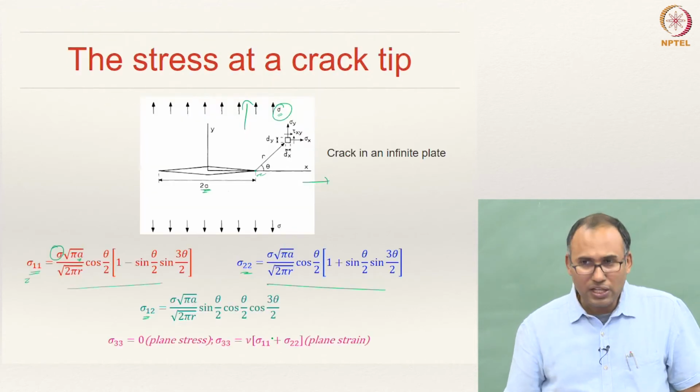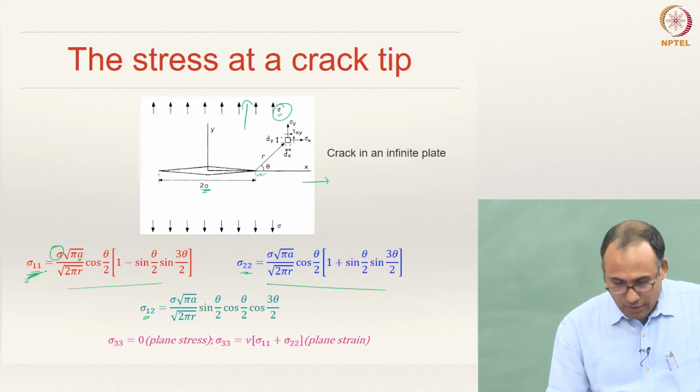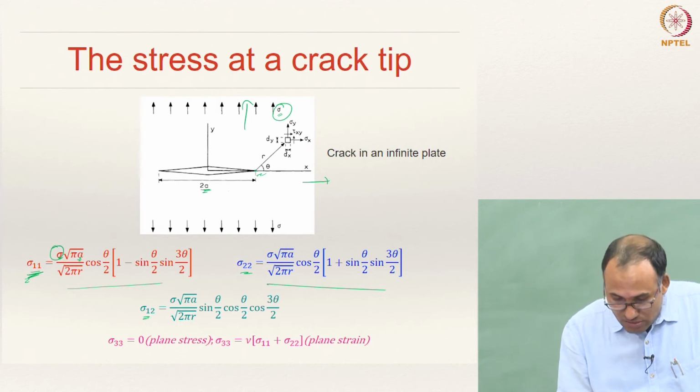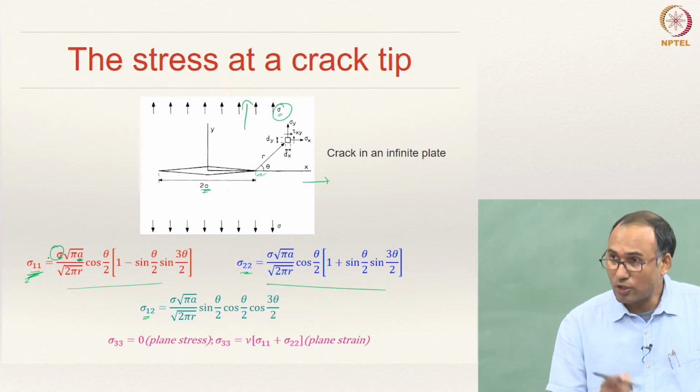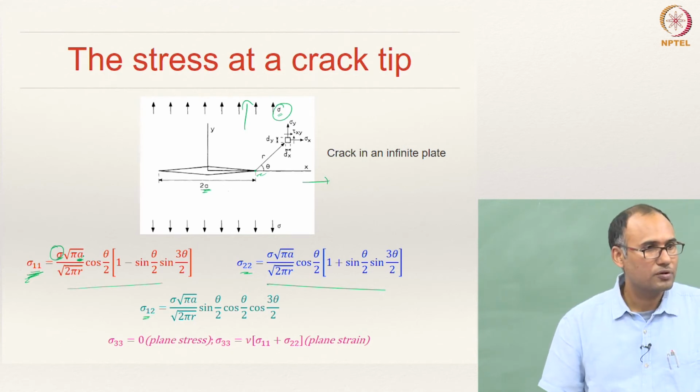Now, if you carefully look at it, your stress depends on sigma, applied stress, and the crack size. So there are two variables, applied stress and crack size A, right.